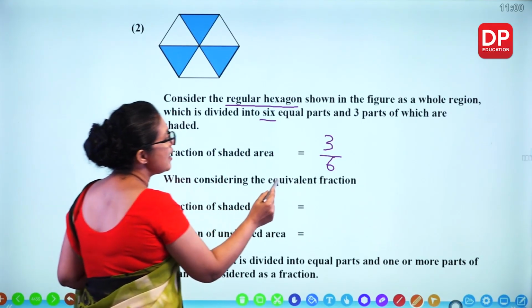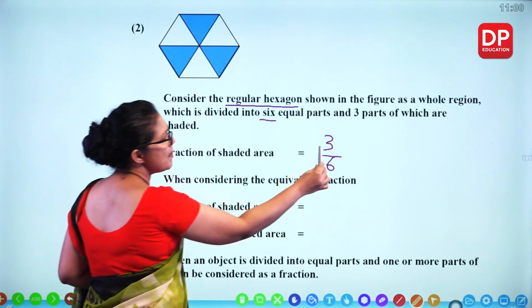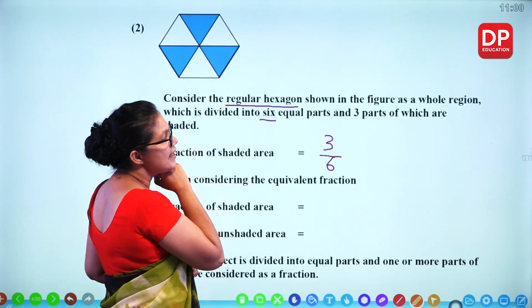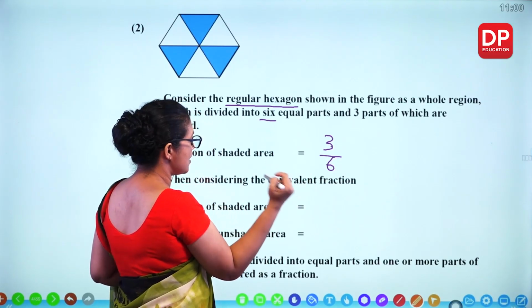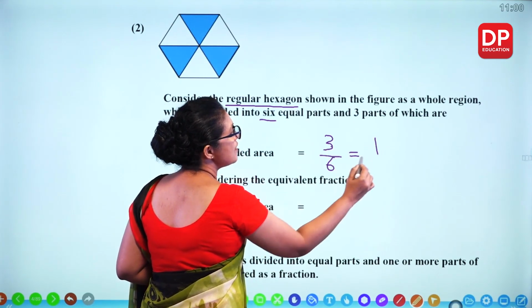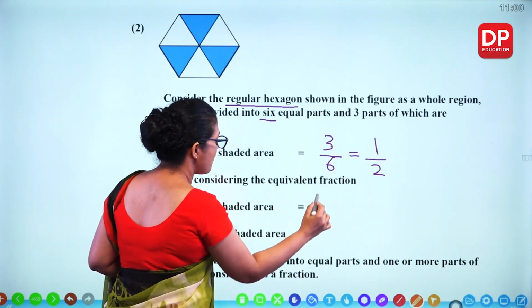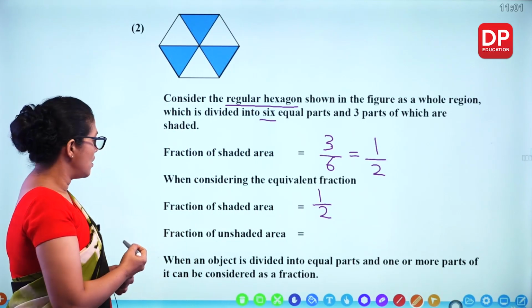When considering equivalent fractions, how can you simplify this one? You can divide the numerator and the denominator by 3. So you get 3 times 1 and 3 times 2. So I can write 1 over 2 instead of 3 over 6. That's half.